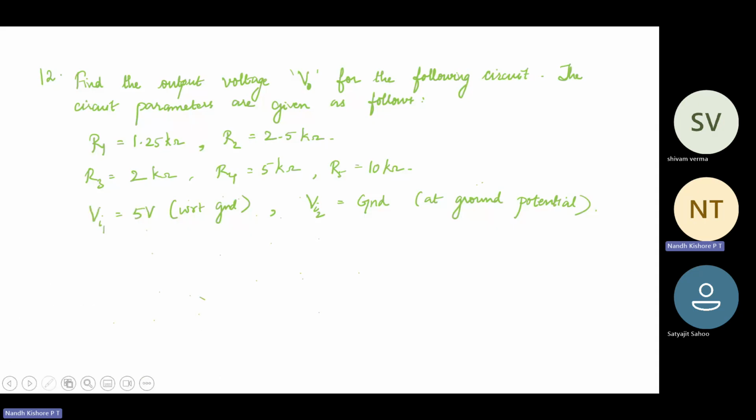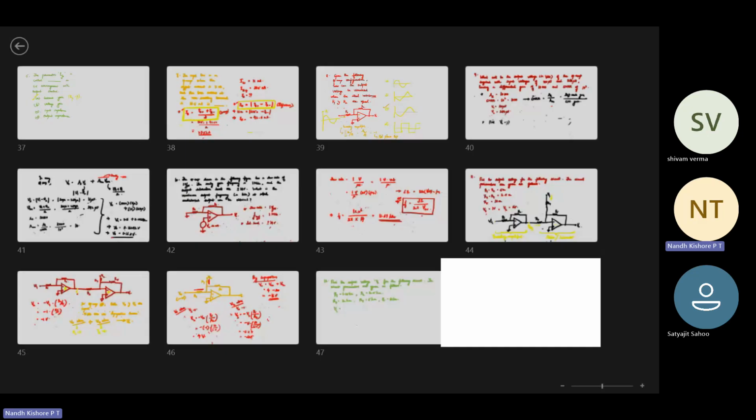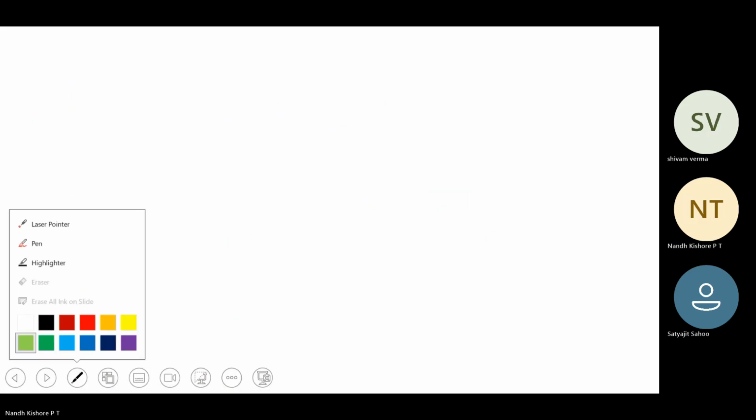The circuit is a bit tricky, but it's very solvable.